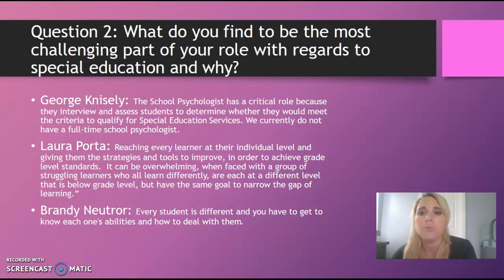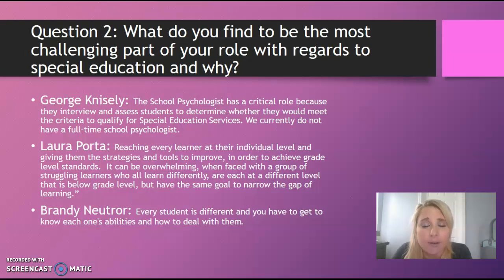The next question was, what do you find to be the most challenging part of your role? Mr. Nisley, the principal, mentioned that we do not have a full-time school psychologist. And again, this would play a large role because that is part of the student being evaluated for an IEP plan. Laura Porter, the teacher, mentioned every student having their own individual levels and learning needs.